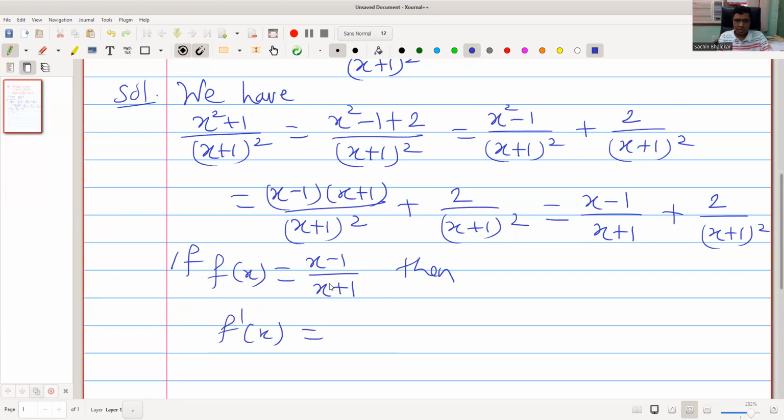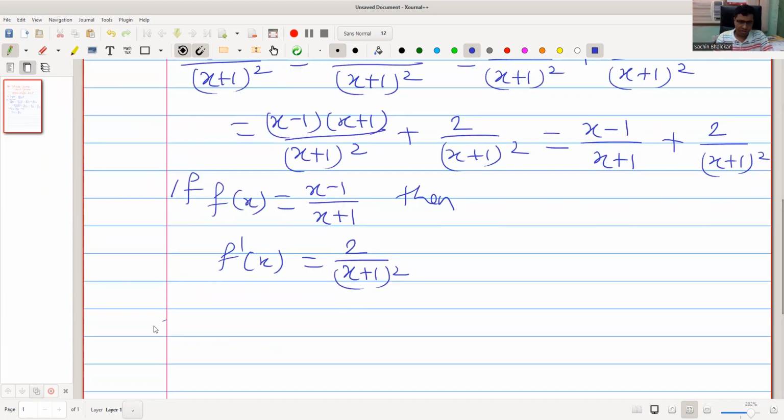Okay, its derivative is v into u dash minus u into v dash divided by v square. Okay, so derivative of u and v both are 1. So it is simply v minus u. So it is 2 divided by x plus 1 square. Okay, so this is f dash.